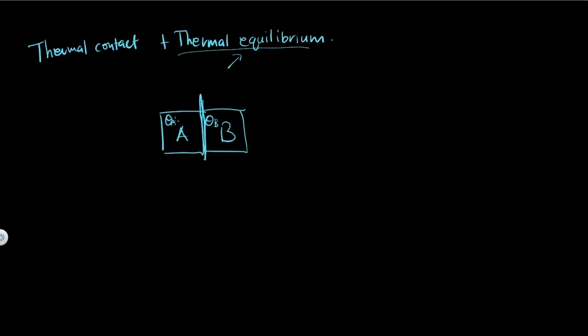Since there is a difference in temperature, let's say theta A, the temperature of object A, is larger than the temperature of object B. So we can say that A is hotter than B. What will happen if there is contact between these two objects?